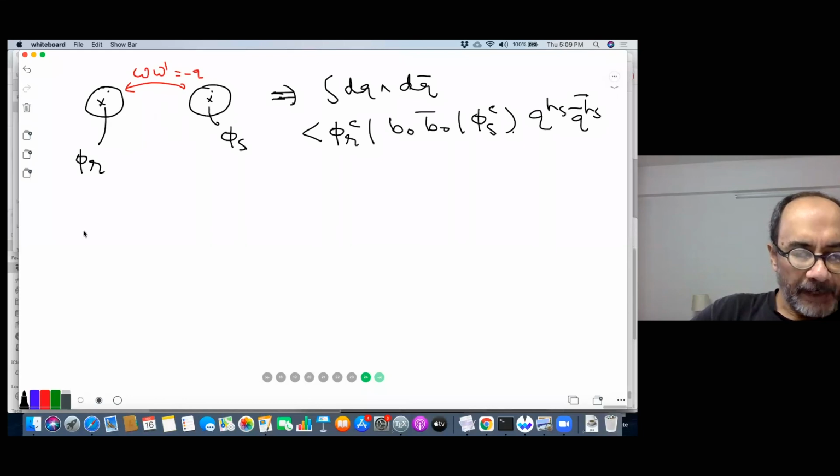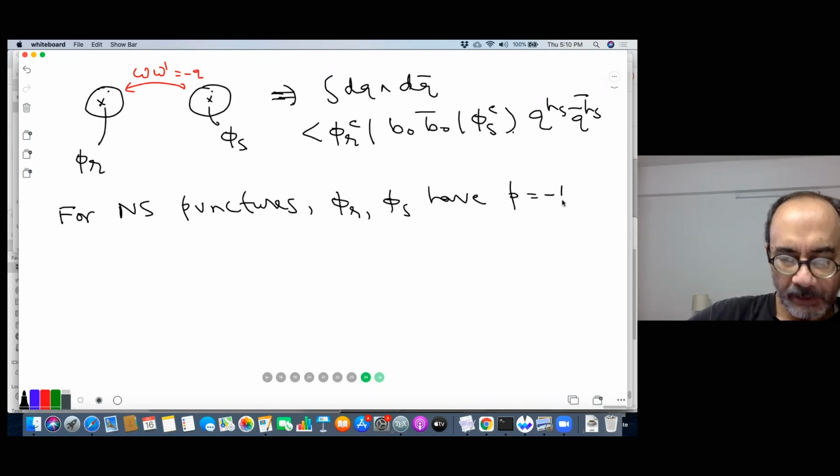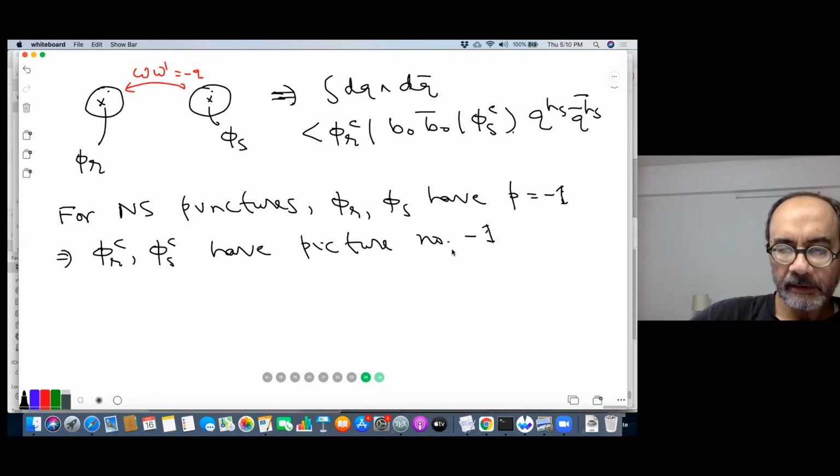Now, if these are NS punctures, phi r and phi s have picture number equal to -1. This implies that phi r c and phi s c have picture number -1, and everything is fine, because this is non-zero.